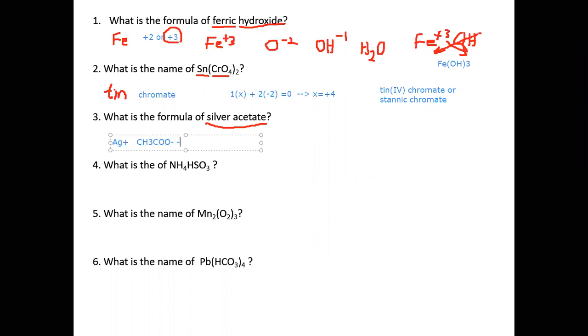So when we do the crisscross, we get AgCH3COO. Or sometimes you may see it written like this, AgC2H3O2. So either way is okay.